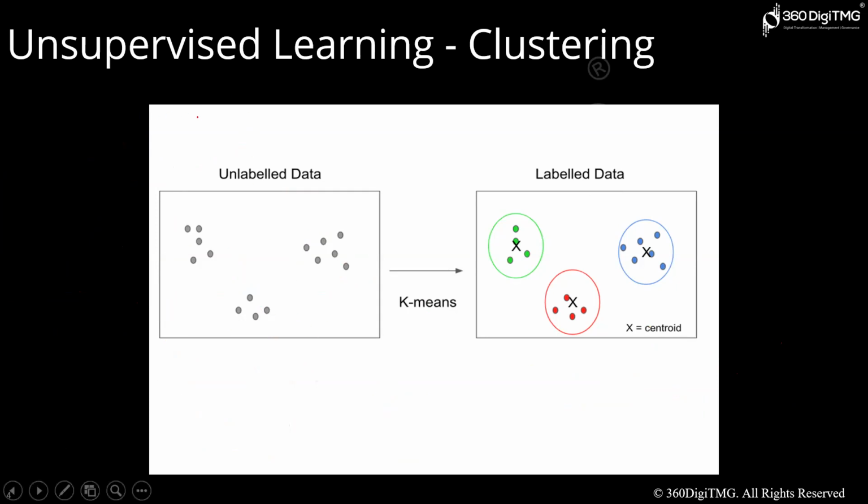K-means is one such unsupervised learning method that aims to group similar data points in clusters.